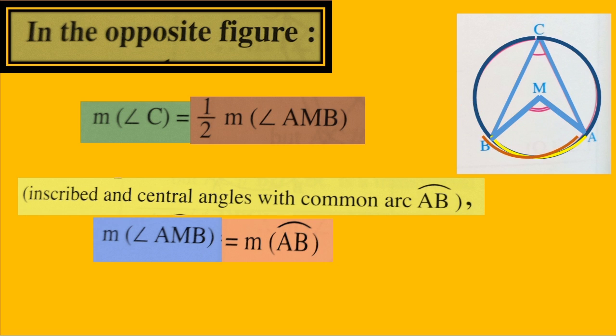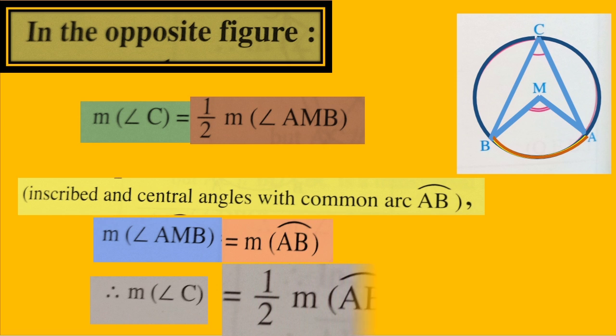The inscribed angle equals half the measure of the central angle. We studied it before. Then the measure of angle C, we deduced from this, the measure of the inscribed angle equals half the measure of arc AB. Yes, this is query number one of theorem number one.